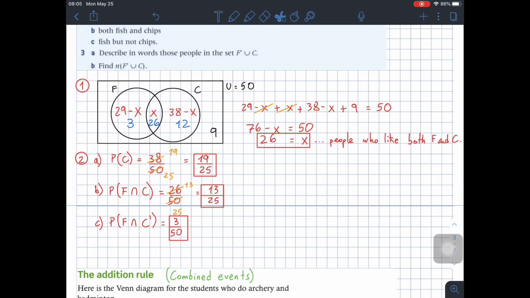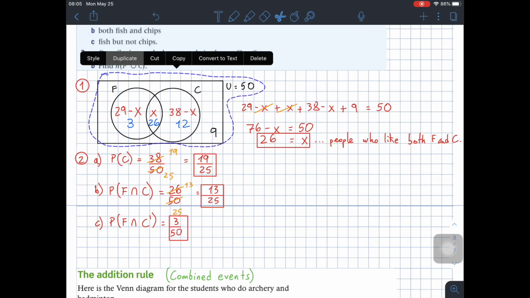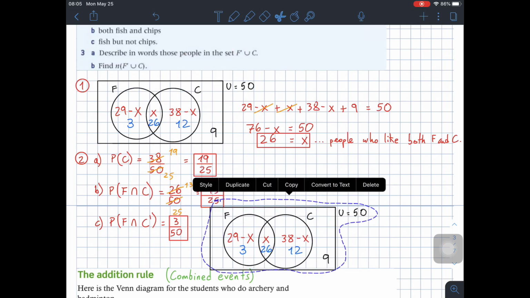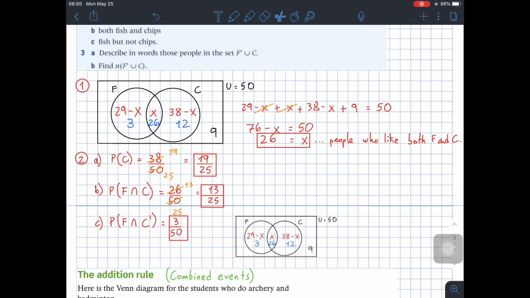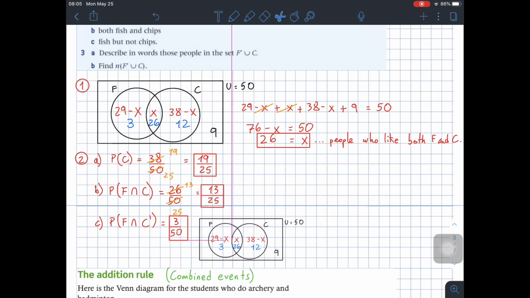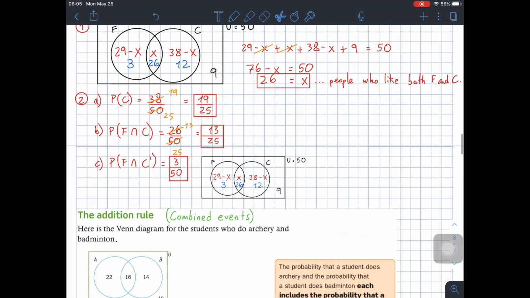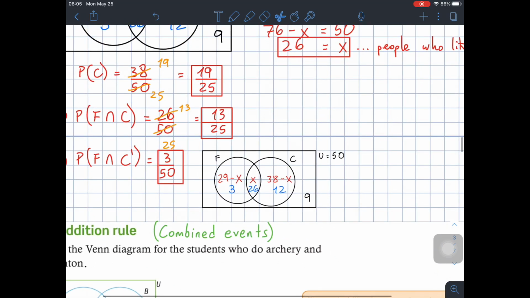For example, if I do the Venn diagram for part C, I'm gonna make it smaller, and I'm gonna erase this already, I already know the values.